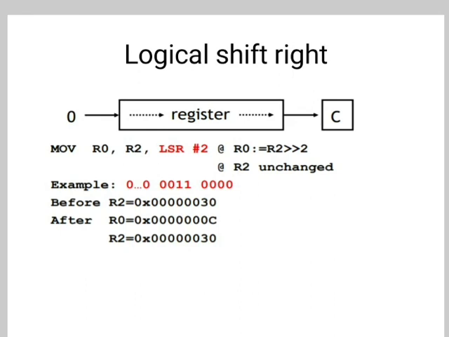Now here R2 remains unchanged and the value of the destination register, that is R0, will be changed. So the value of R2 remains unchanged.